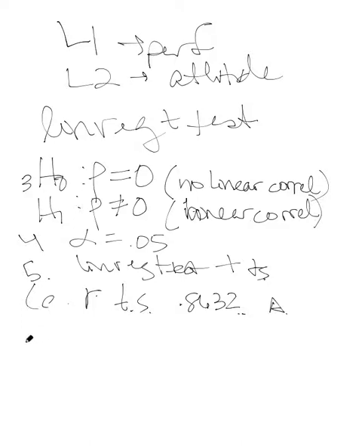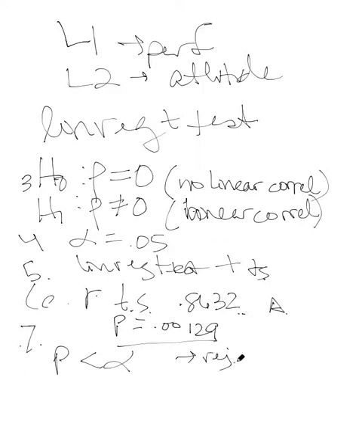Part B says show a scatter plot, but I'm going to first finish this out. When I calculated this, I also got P equals 0.00129. Now I can just use the p-test, and I get that p is less than alpha, which means I reject my H0, which means there appears to be a linear correlation.